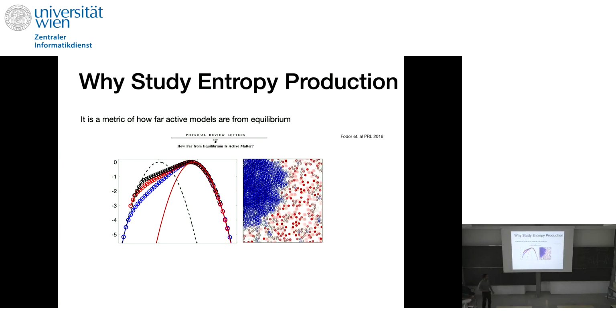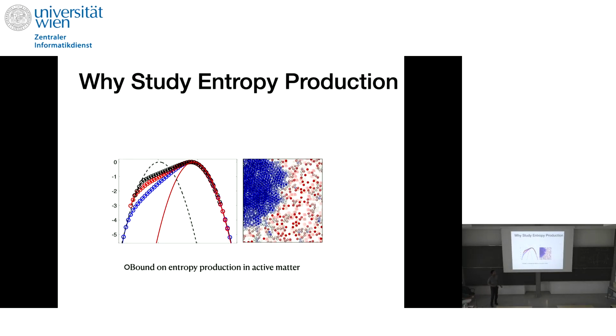I'm just going to focus on this: first, I'm going to give you a bound on entropy production in active matter for a wide class of models. What we'll see is that this bound is not as general as the one I showed you before, but because it has more details about active matter, it'll be a tighter bound, better in some cases.